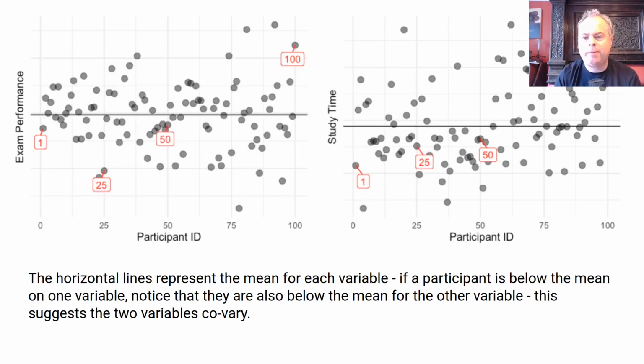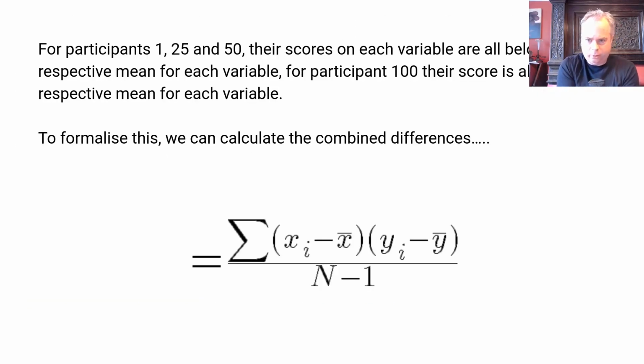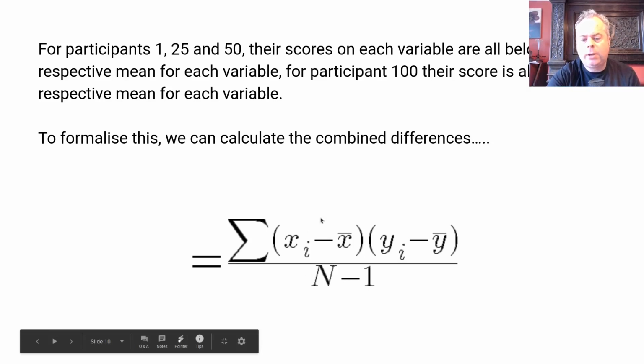Whereas for participant 100, you see they're above the mean on exam performance, and they're also above the mean on study time. So it looks as if there is some sort of relationship here with respect to covariance, how these two variables move together. And we can actually formalize this by calculating the combined differences. So this equation down here is hopefully familiar to you.